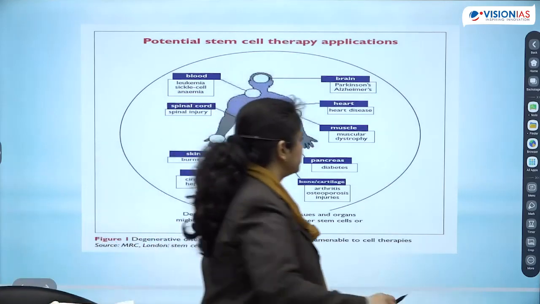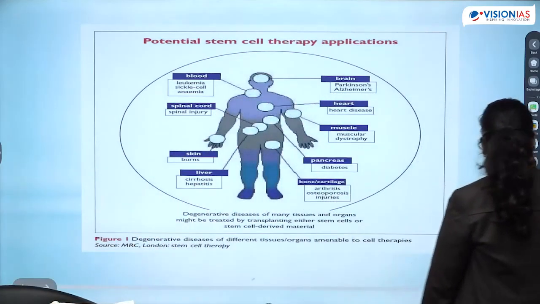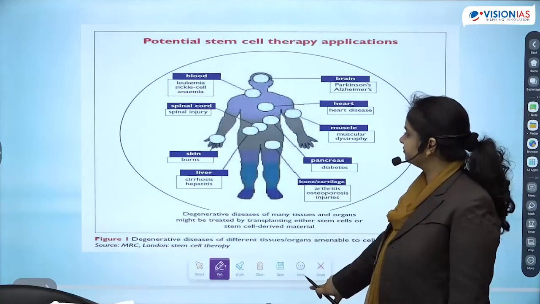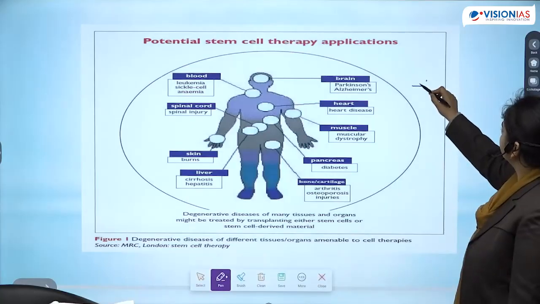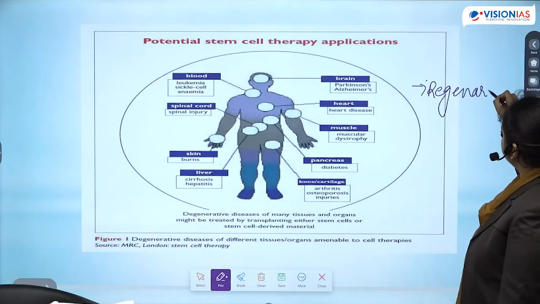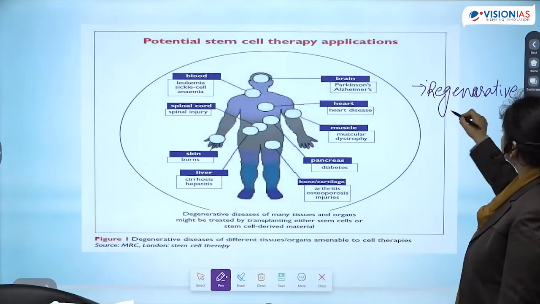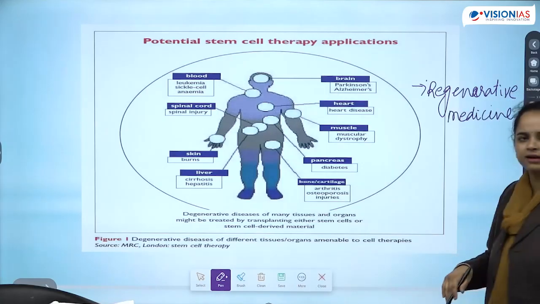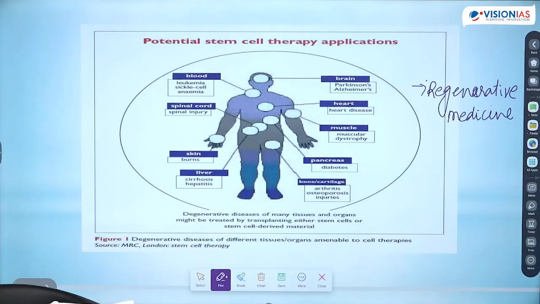The term which we use for this kind of treatment is, we say this is regenerative medicine. You can regenerate different parts of the body.